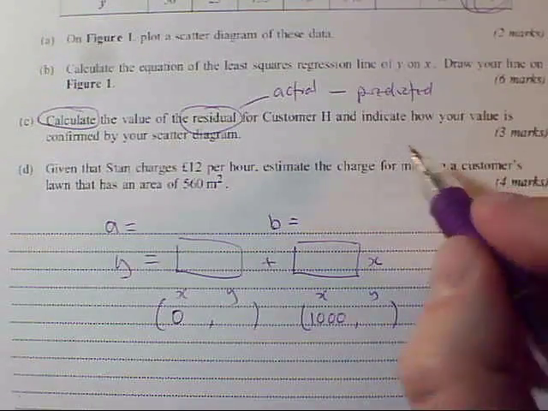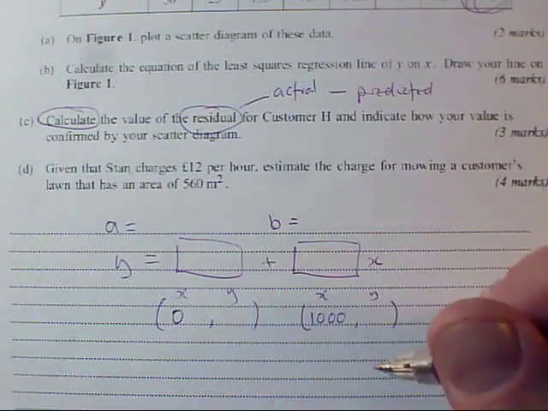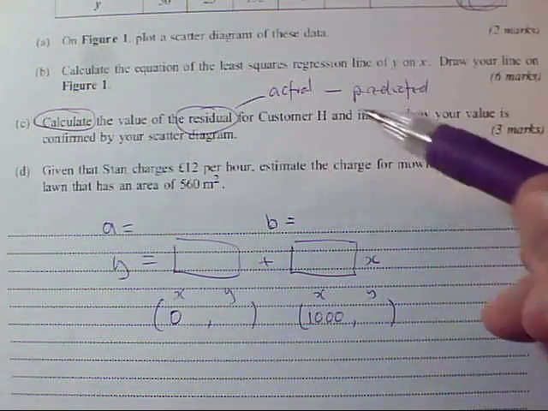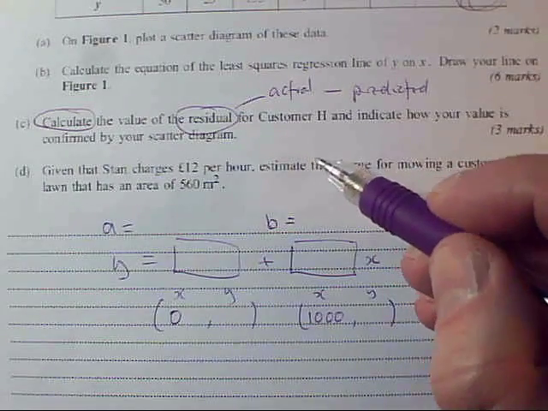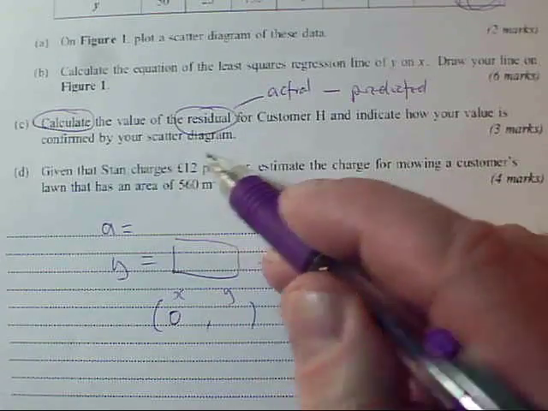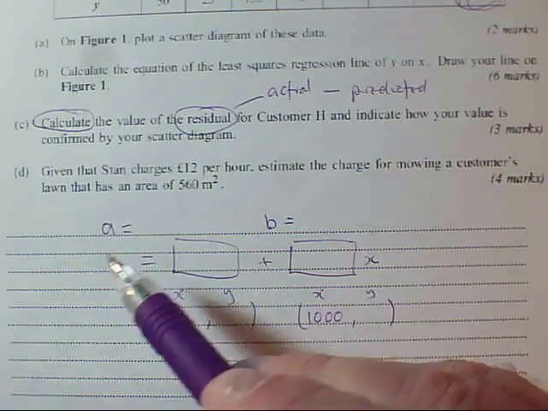But then we need to show on the scatter diagram the measurement you could take, so you need to show how that value of the residual shows the distance above or below the regression line that you are. So you need to add a line on your scatter diagram to show that distance and label it.